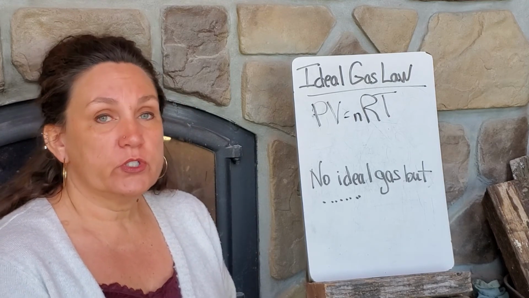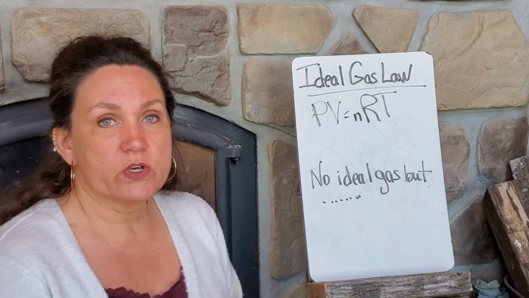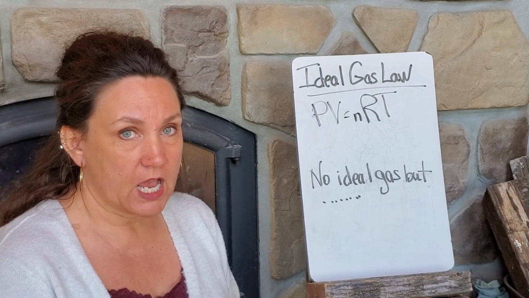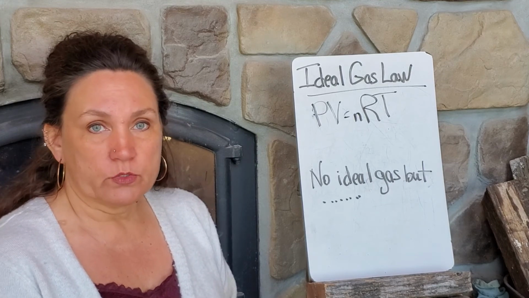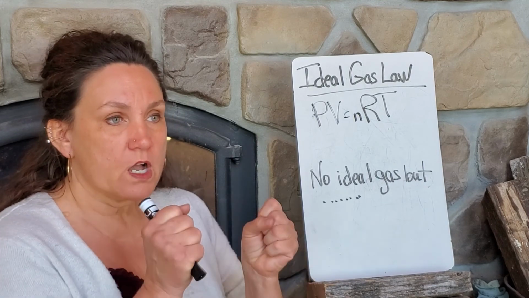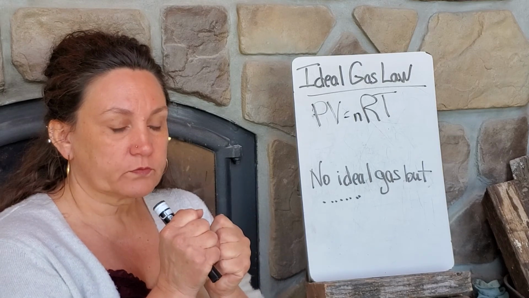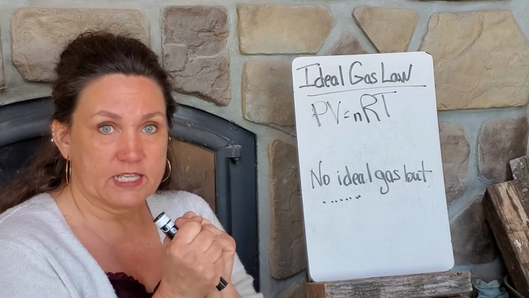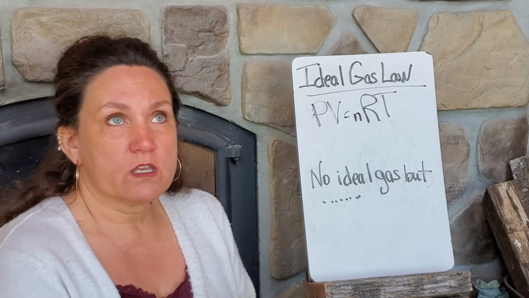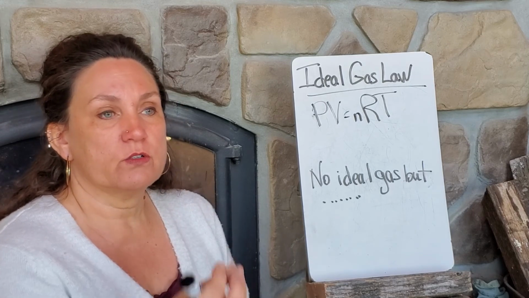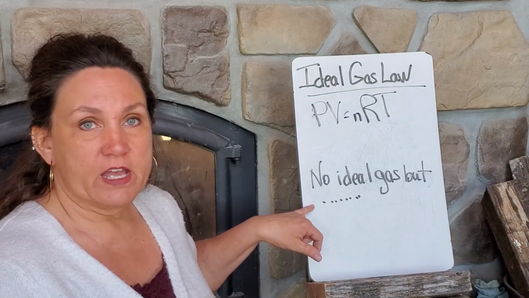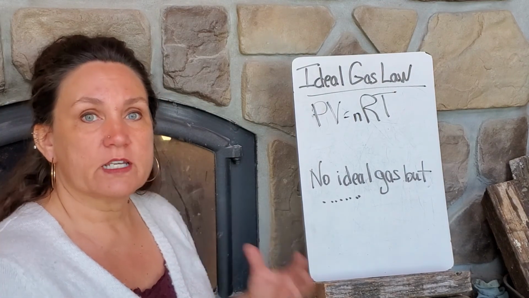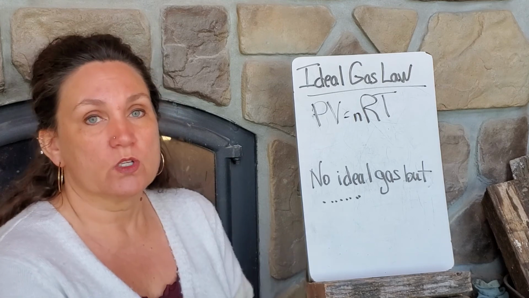Gases do act like an ideal gas most of the time, but when we really get to crazy low temperatures, we cause those molecules to vibrate less and less and less, and we can cause the gases to turn into a liquid. So we can violate this whole ideal gas law because now we have some attraction between our particles.